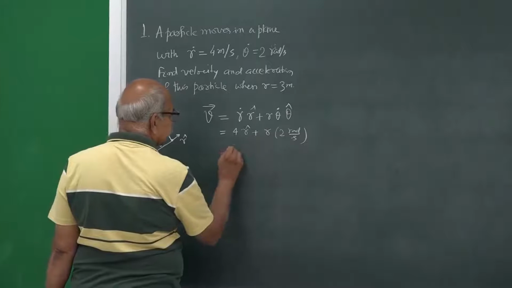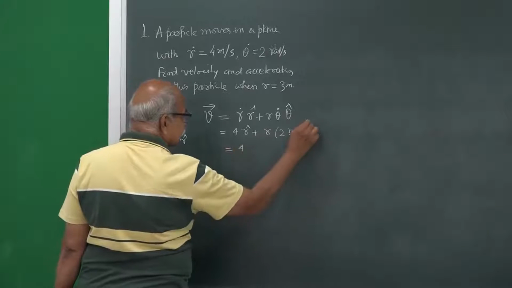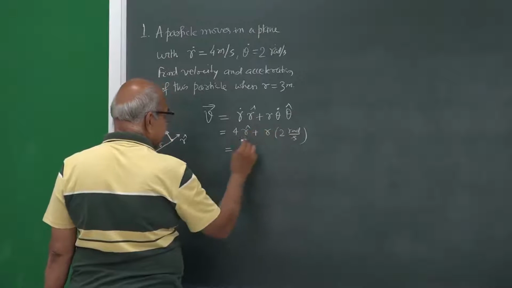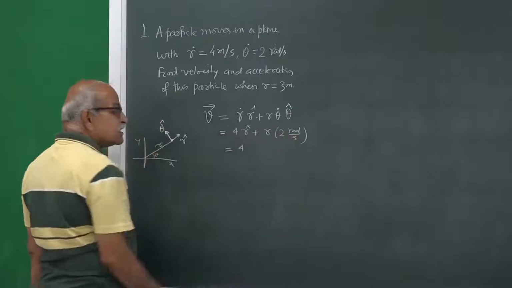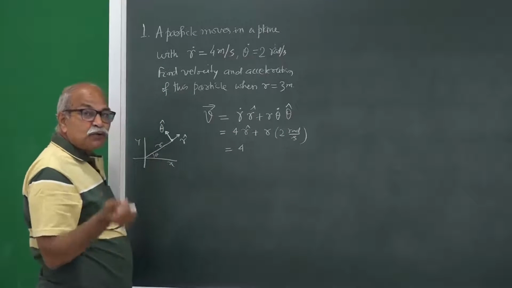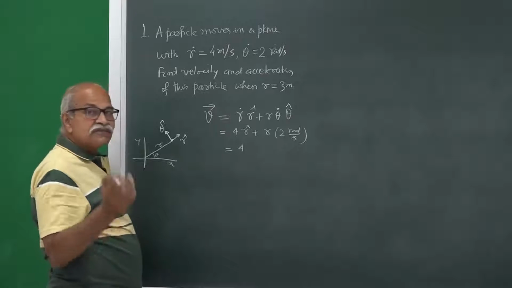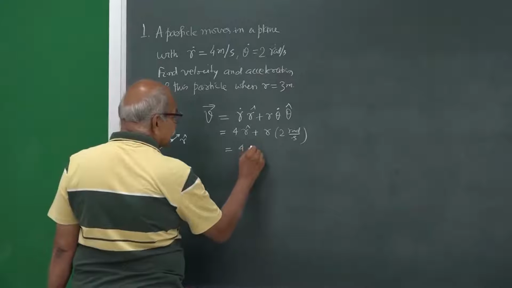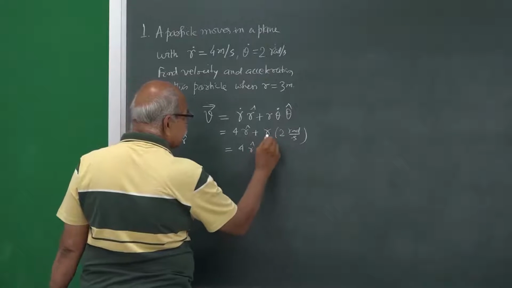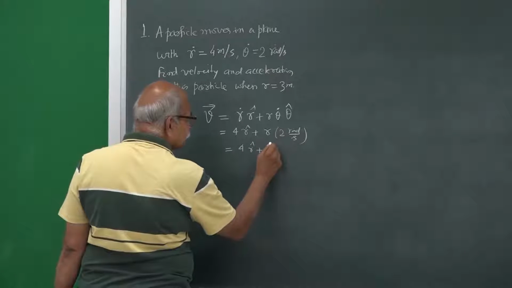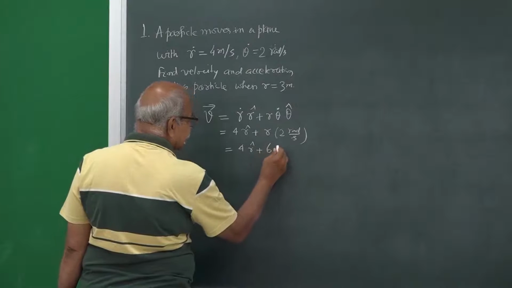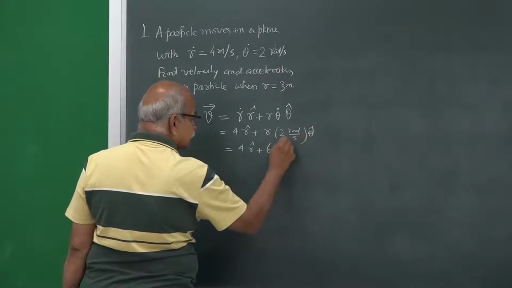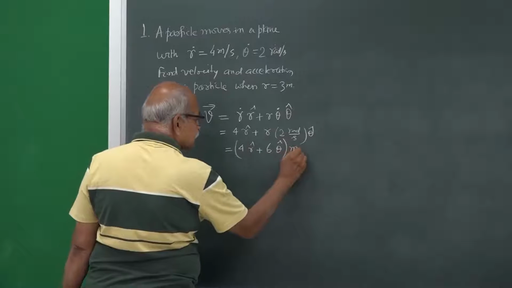So, you can put this 3 here. Remember that I am using only the numerical values here, but the velocity will come out to be in meter per second because we are feeding all SI data. So, this is 4 times r cap plus 3 into 2 is 6 theta cap. So, that is the velocity, meter per second.